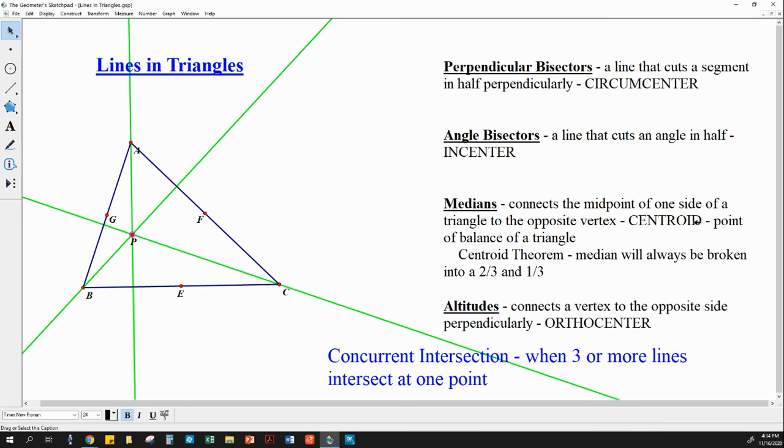The angle bisectors have the incenter, the circle created on the inside. The perpendicular bisectors have the circumcenter. All have different qualities and characteristics. And with the medians, don't forget that centroid theorem, where each piece was broken into a 2/3 and 1/3 section.